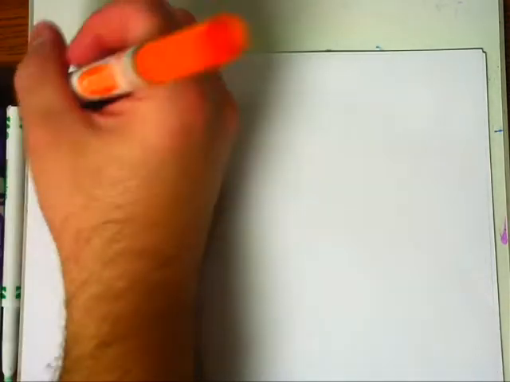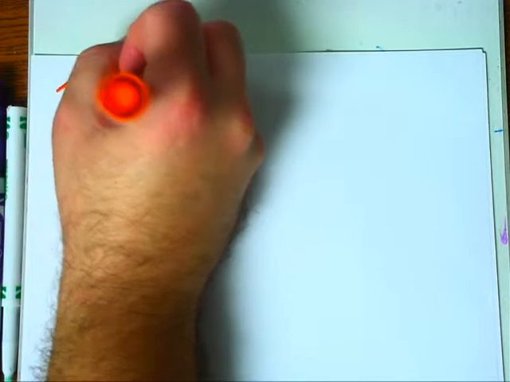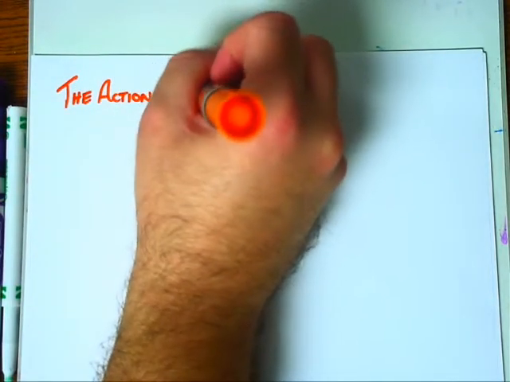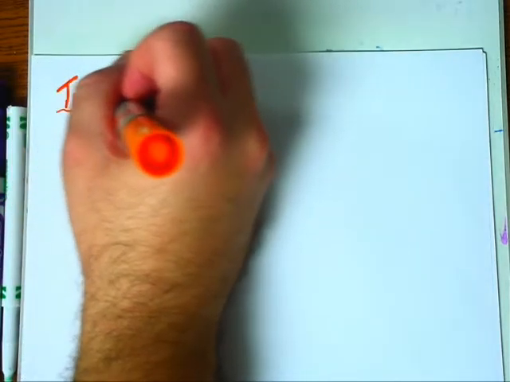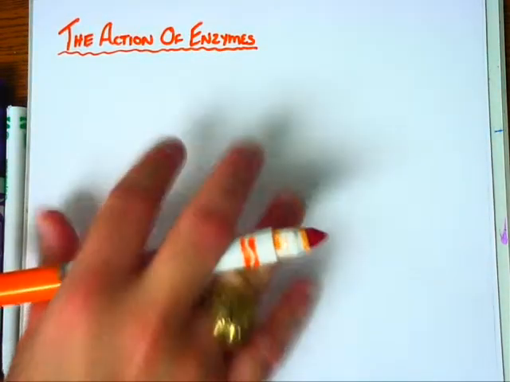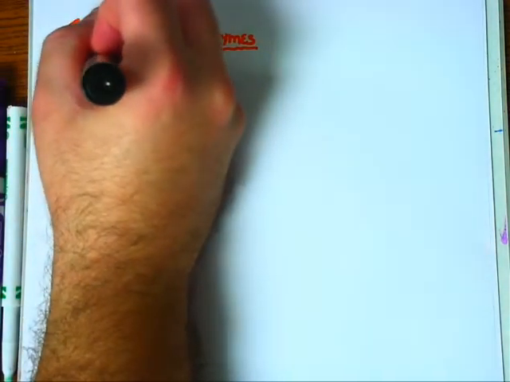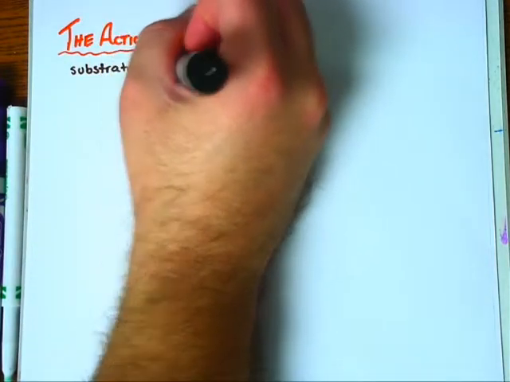So, let's spend some time talking about how these enzymes react with their substrates. Let's go over some key terms. What's a substrate? What goes into the enzyme? Okay, so it's basically the reactant that binds to an enzyme.